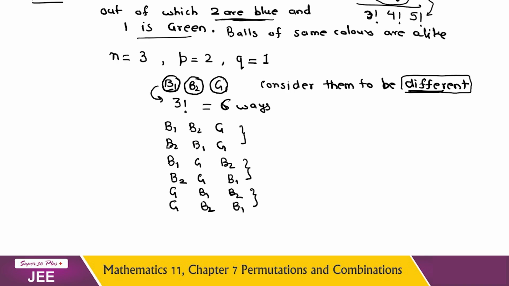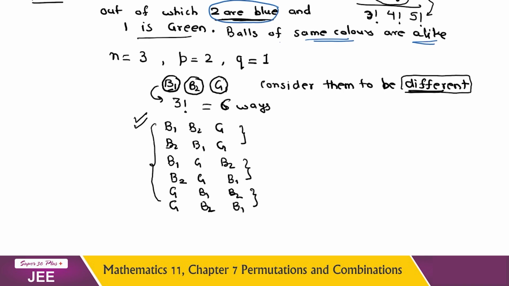If the things were different, that is B1 and B2 were different, then I would have arranged them in how many ways? 3 factorial, and this is equal to 6 ways, and those 6 ways are which we have shown. But now, these two blue balls of the same color are alike.